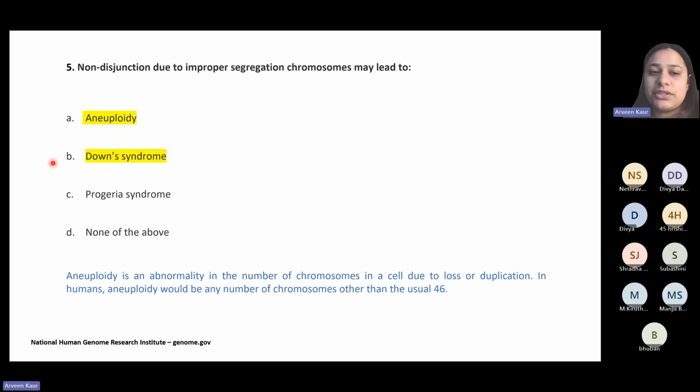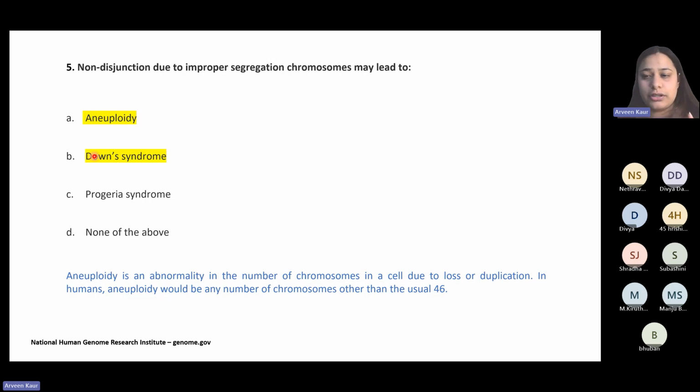And the second option that I have highlighted here is Down syndrome, right? So what is Down syndrome? It is basically the presence of three copies of chromosome number 21, right? So in some cases, it might happen that the segregation of chromosomes did not occur properly, right?